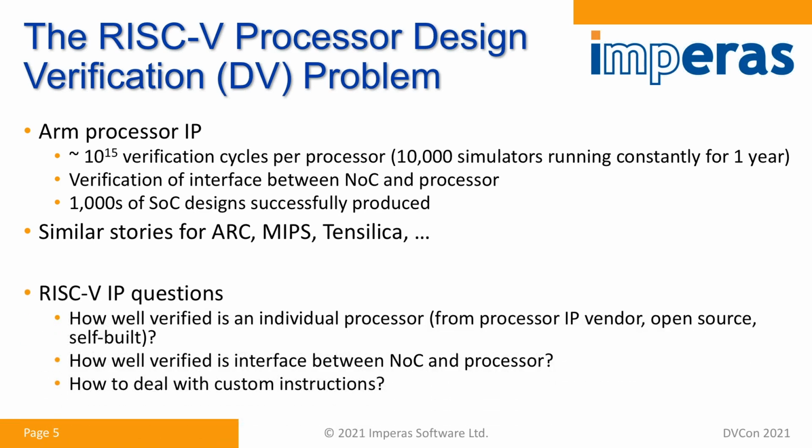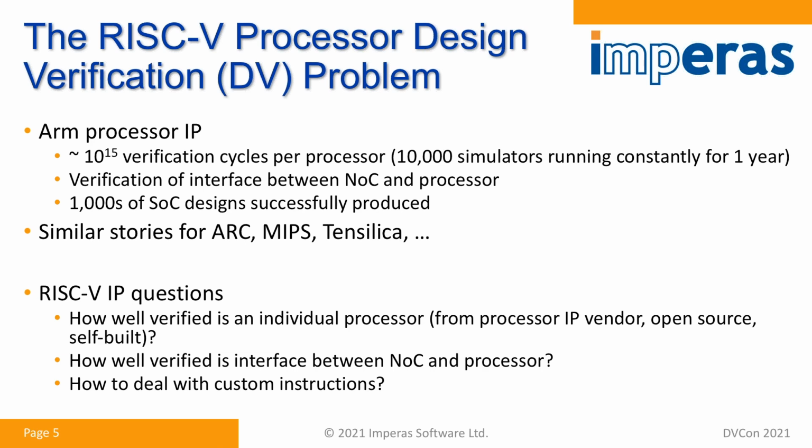With RISC-V, the story is different. You want to ask, how well verified is an individual processor, whether from a processor IP vendor, open source, or self-built? How well verified is the interface between the network on chip and the processor, and how to deal with custom instructions and other features?